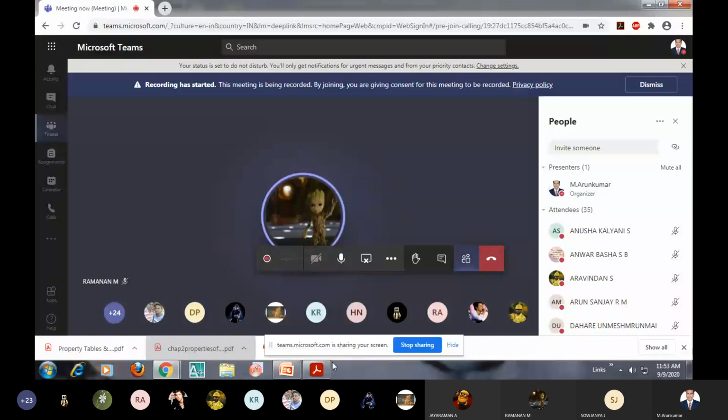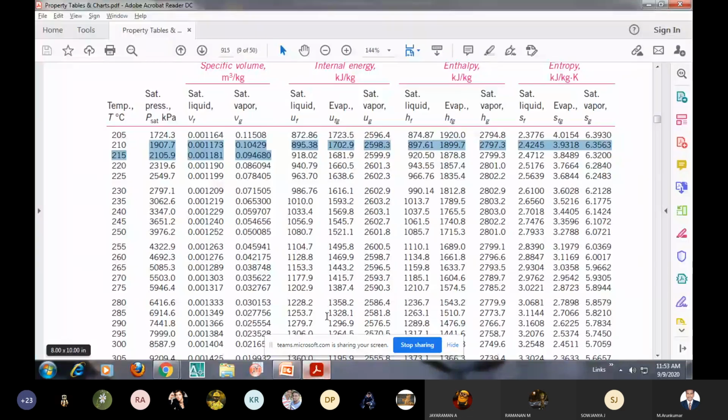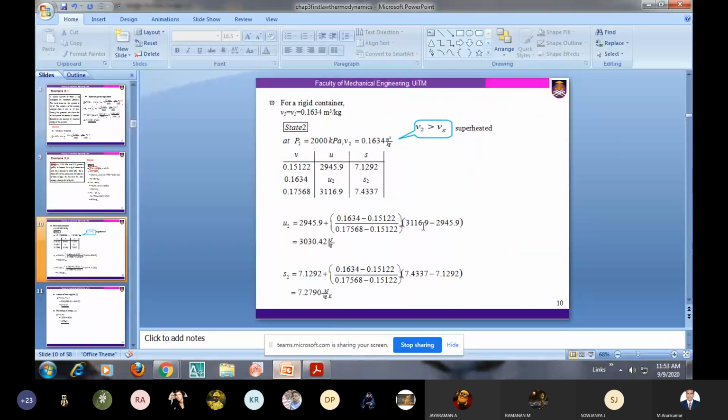If you compare the specific volume value, 0.163 will be greater than VG. In this steam table, the VG value is only 0.1, but we have the V value as 0.16. So definitely V2 is greater than VG.